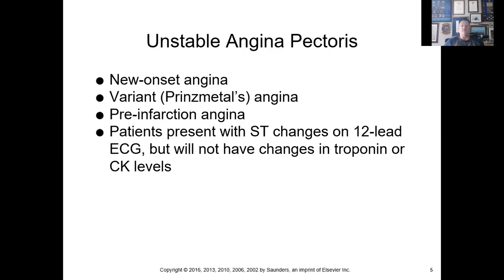Now, there's pre-infarction angina, which people will get. Those are the ones that we were talking about with stable angina. All right. In other words, no ST changes, no 12-lead changes, no troponin changes or anything like that. But heart disease is a progressive disease. We are not curing heart disease. What we're doing is we're putting patches on it.